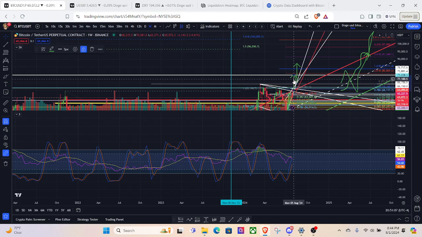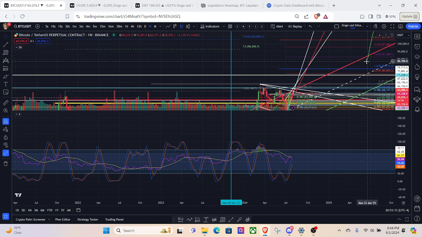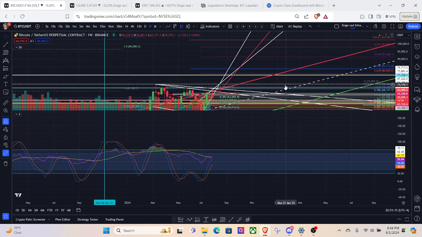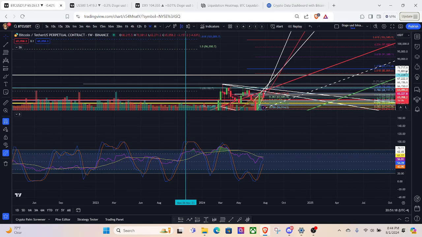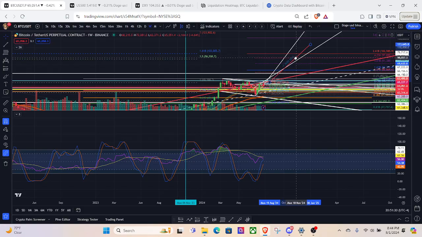Let me get rid of these because I don't think that this scenario is going to play out right away, and these are just a lot of doodles I had on my chart. You can either draw the measure move from the breakout point or down here. This might be a more modest target, somewhere around 95K.